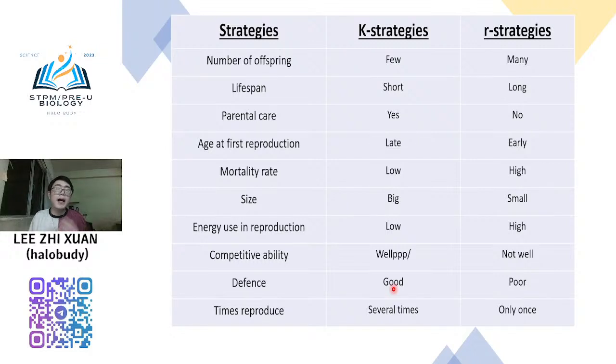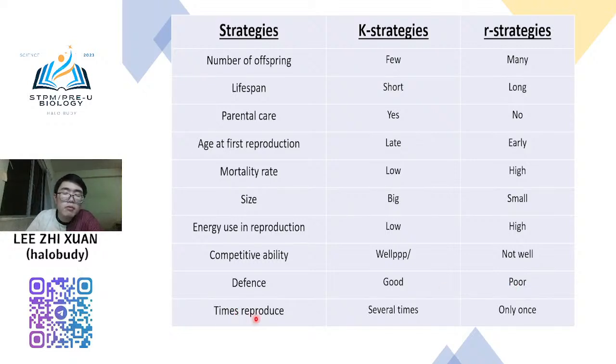If something can endanger its life, it can defend itself. Like a human, when someone wants to kill you, you will defend yourself, right? You will block them or hit them, automatically you will block them. But for this R strategy, the defense is very poor. Very poor. To kill it is very easy, because the defense system of this organism is very poor.